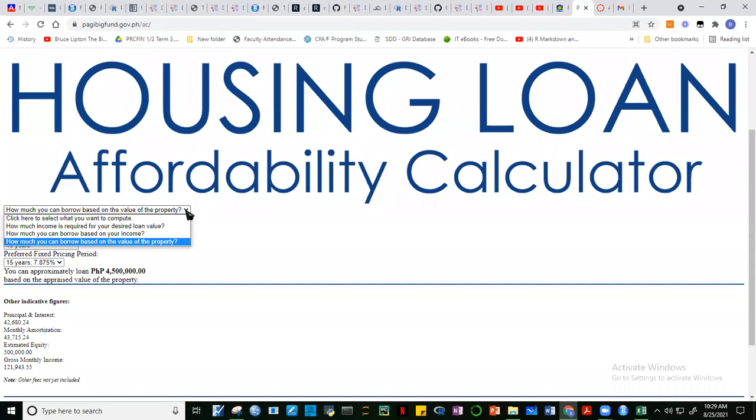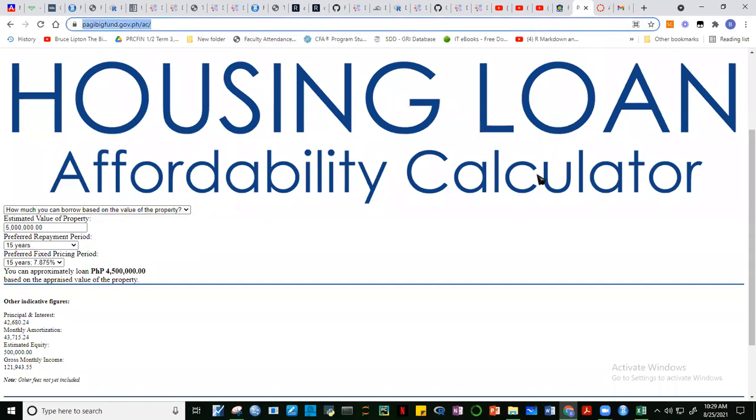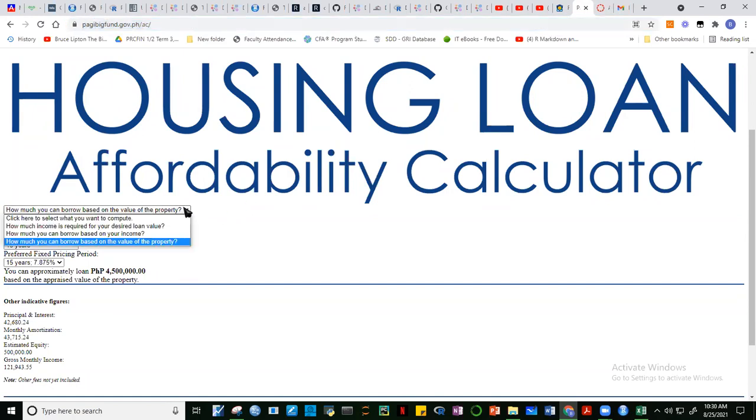Okay, so dito sa other yung affordability calculator na which I sent to you. Dito may drop down menu. What you want to compute, how much income, how much you can borrow, or how much. Ito na lang, how much you can borrow based on the value of the property.